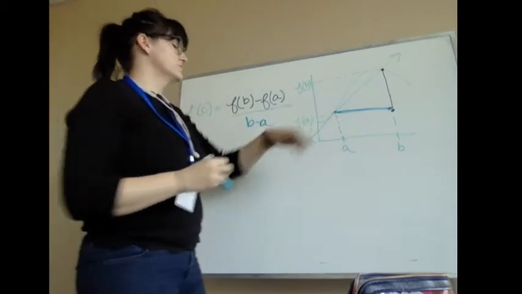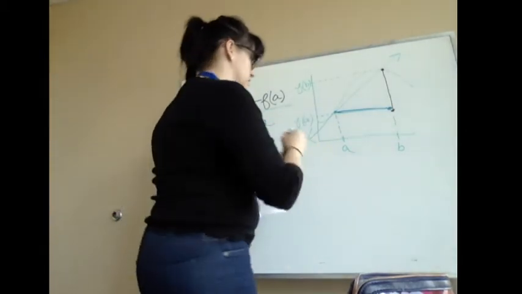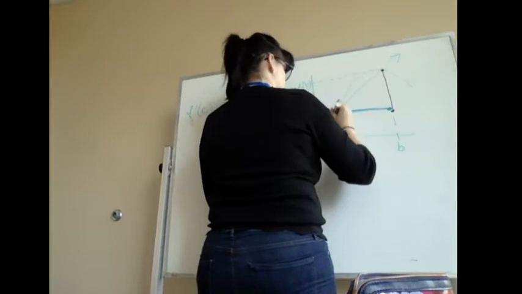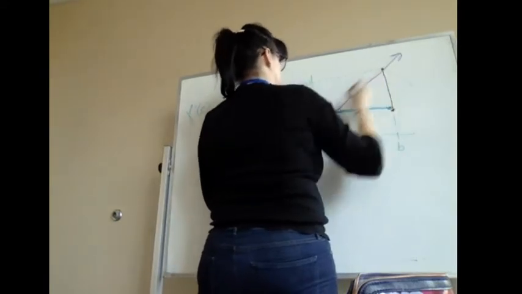So the slope of our secant line here is just change in y over change in x, pretending it's straight.